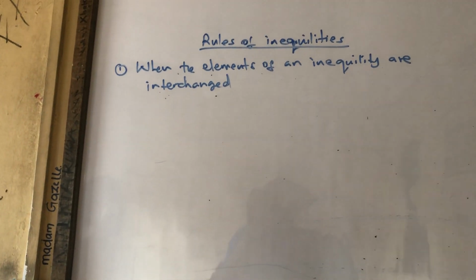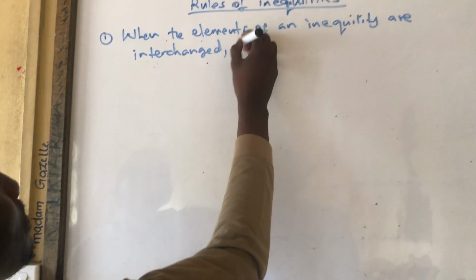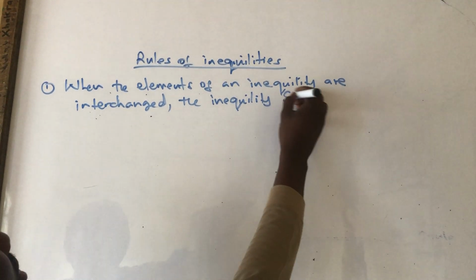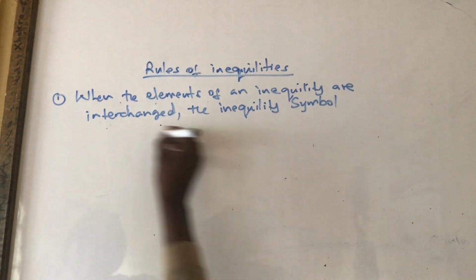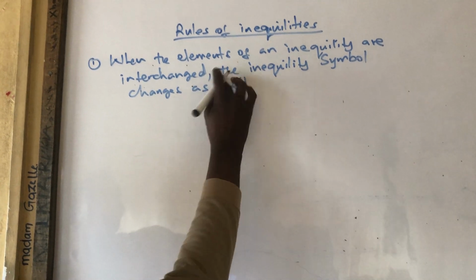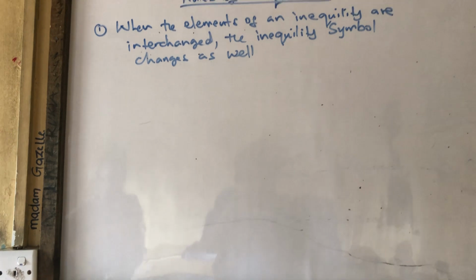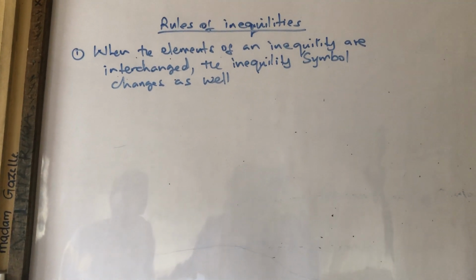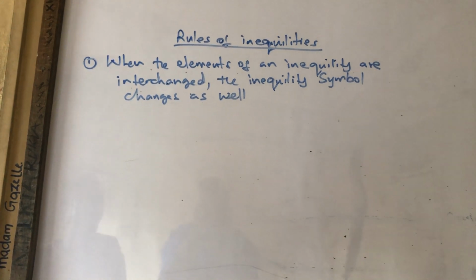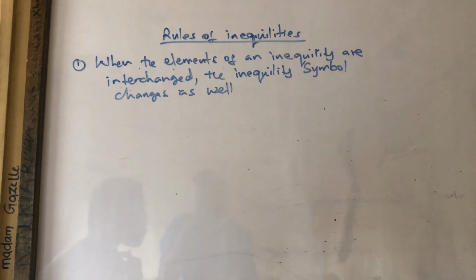When the elements of an inequality are interchanged, the inequality symbol changes as well. A common mistake that students make. Please do take note, when the elements of an inequality are interchanged, the inequality symbol changes as well.